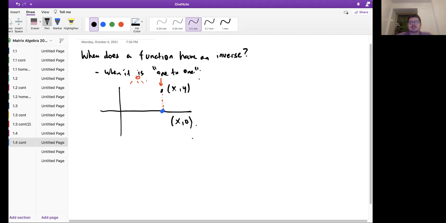So think about that action. Yeah, so both of those are true. For any point that has the same x coordinate, it projects to the same point.